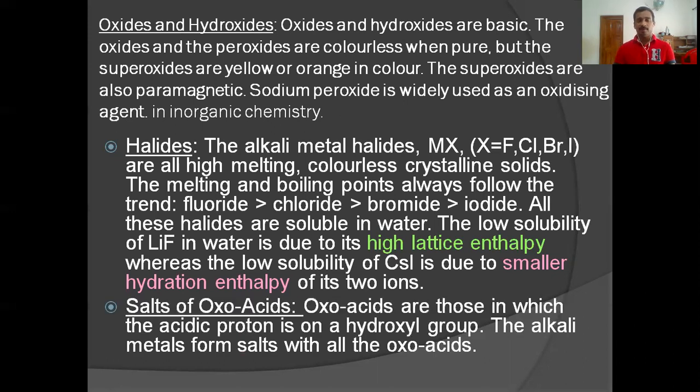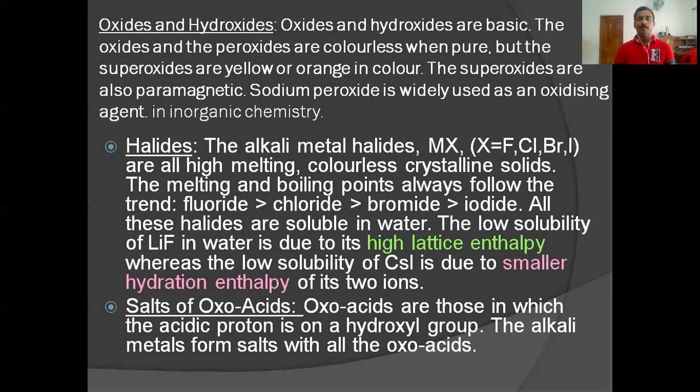That is the reason. Now salts of oxoacids. Which are the oxoacids? HNO3 is an example, H2SO4 another example. So acids in which OH groups are present. Oxoacids are those in which the acidic proton is on a hydroxyl group, OH group. Hydroxyl means OH group.